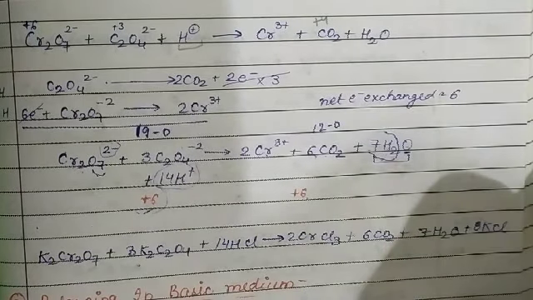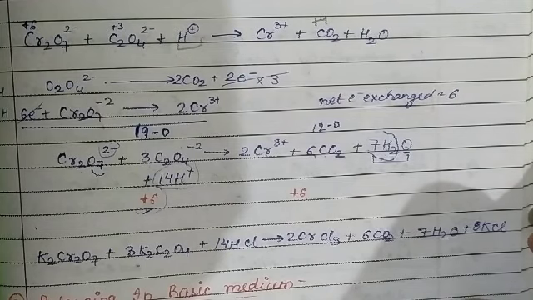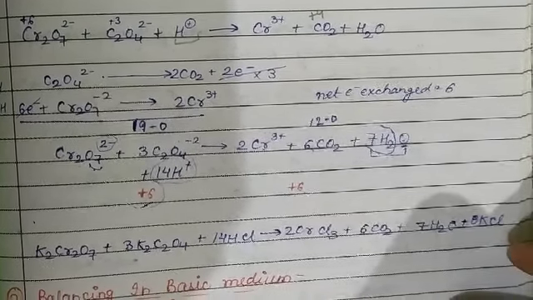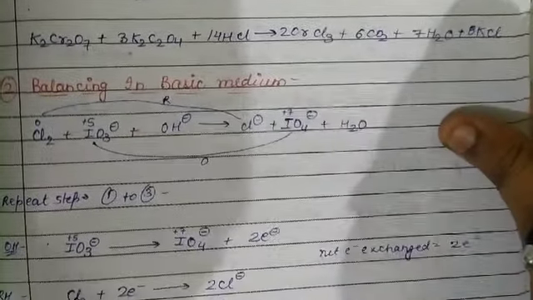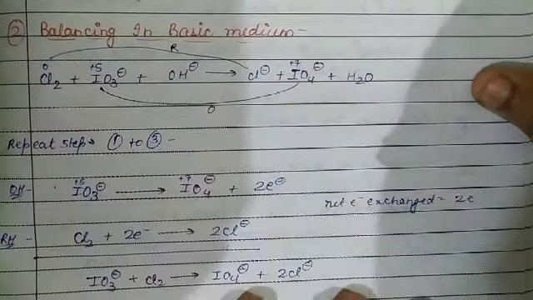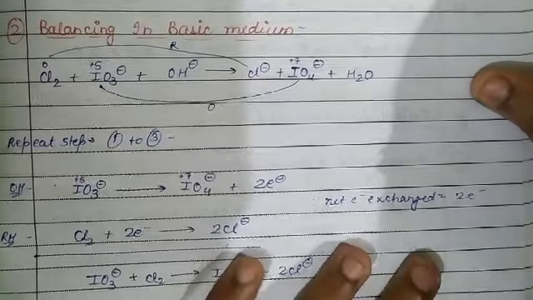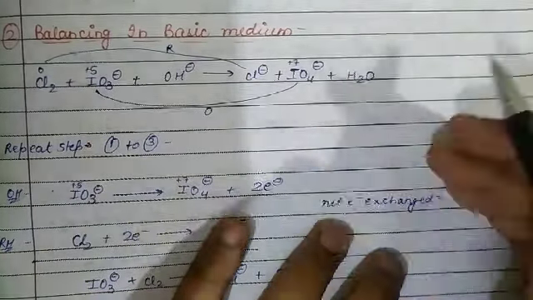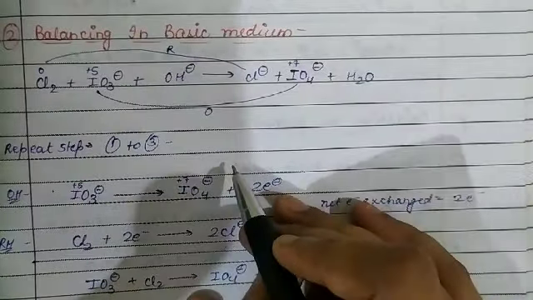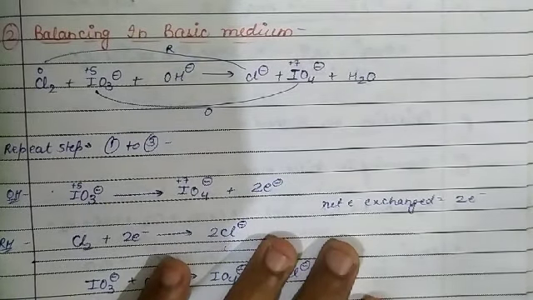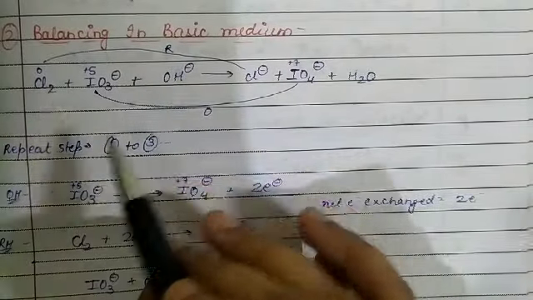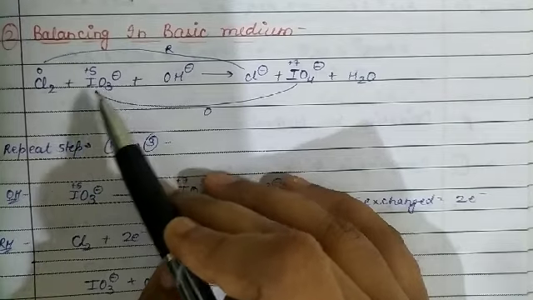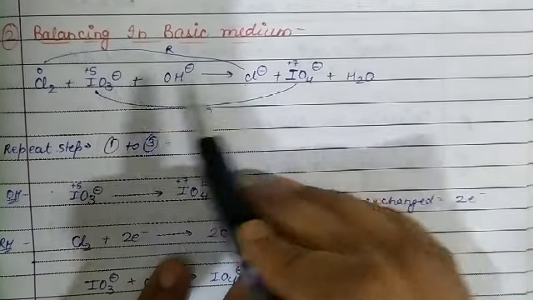Now we will discuss the balancing of redox reactions in basic medium. The question given here is Cl2 plus IO3- changes into Cl- and IO4-.